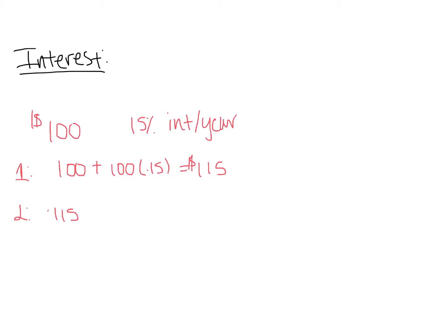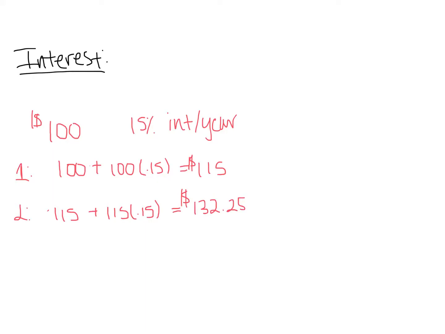So here you have 115, and then you're going to take 15% and add it on. You might want to use a calculator for that. And that will be 17.25. So you have 115 plus 17.25, that's $132.25.